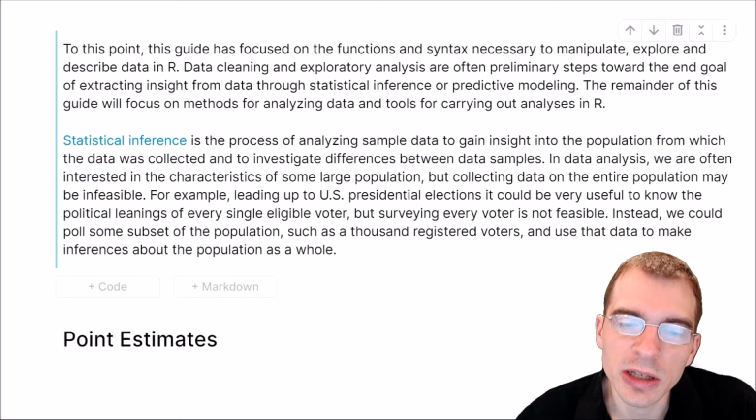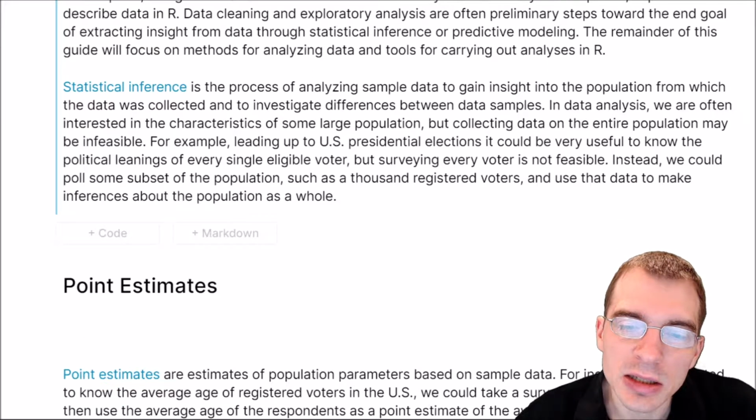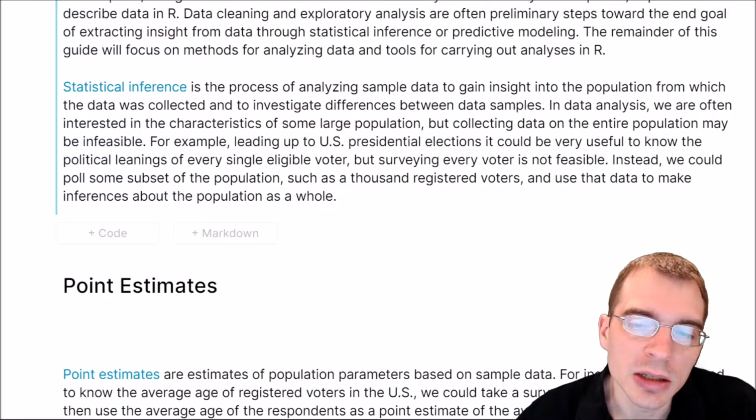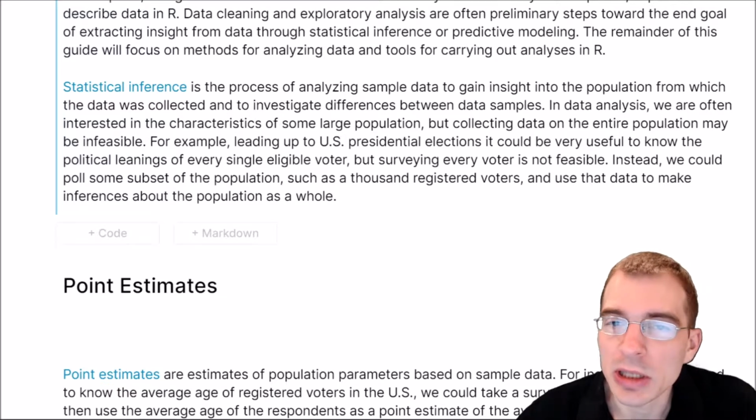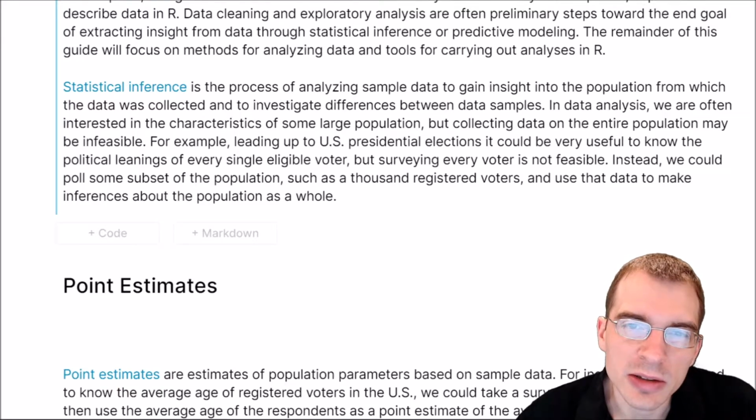Now, statistical inference is the process of analyzing sample data to gain insight into the population that the data was drawn from. In data analysis, we're often interested in the characteristics of some large population, but collecting data on the entire population may be infeasible.